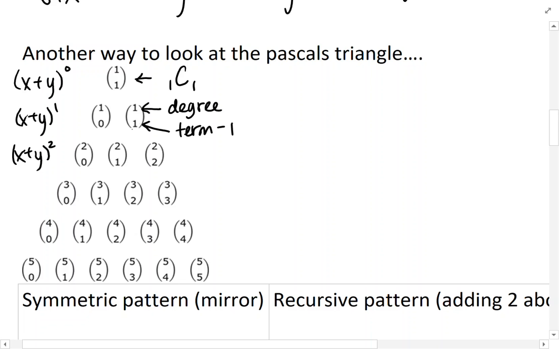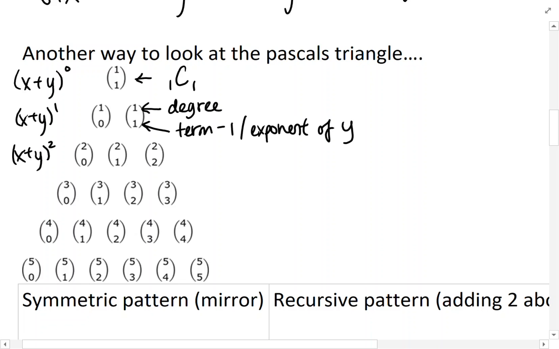So for example, the one I'm looking at here, even though it's the coefficient of the second term, we look at 1. So it's 2 minus 1 gives you 1. Or you could think of it as the exponent of y.